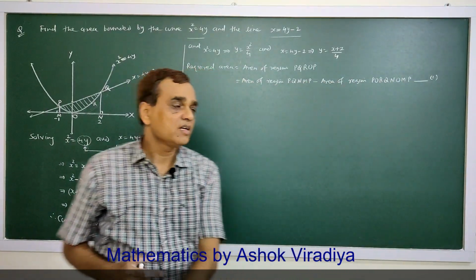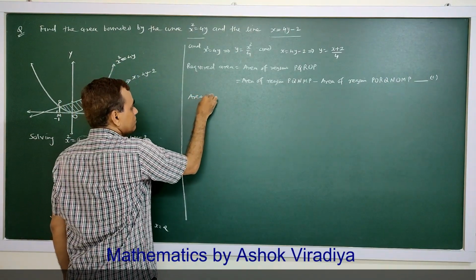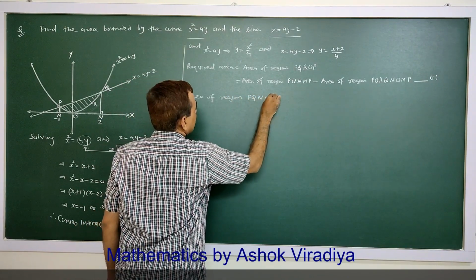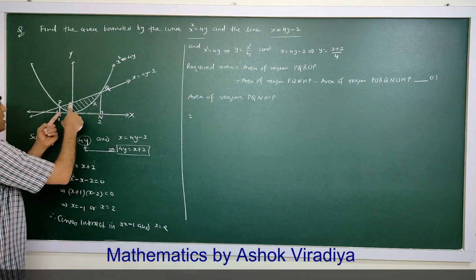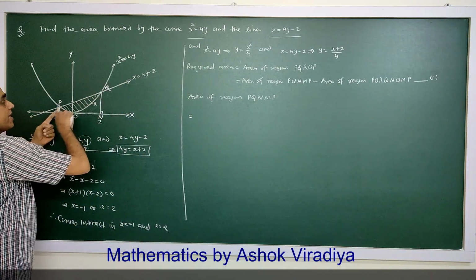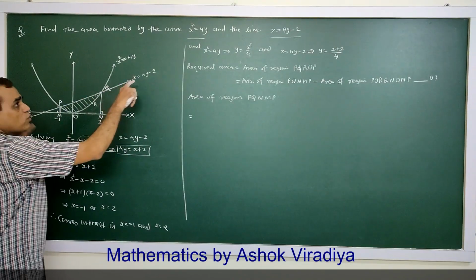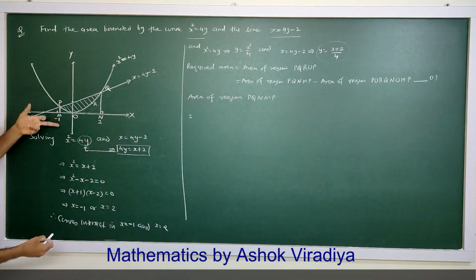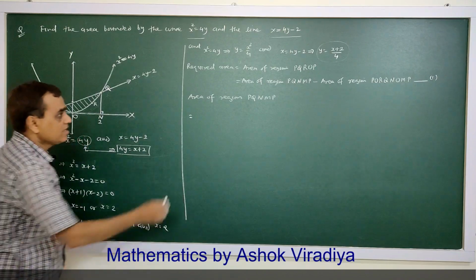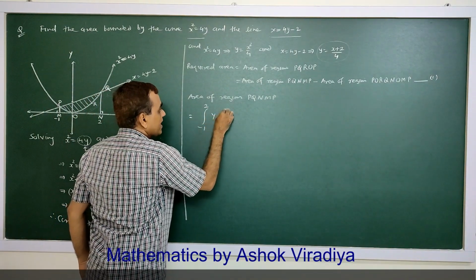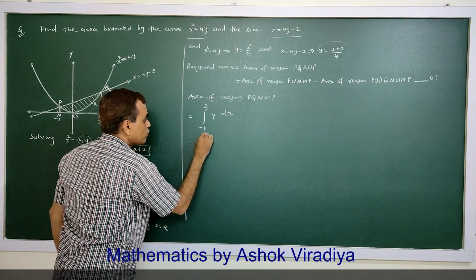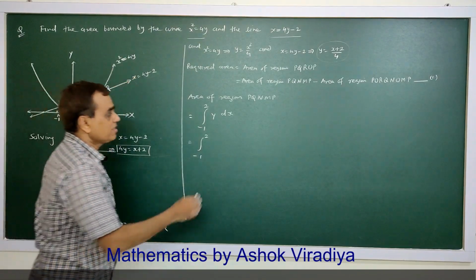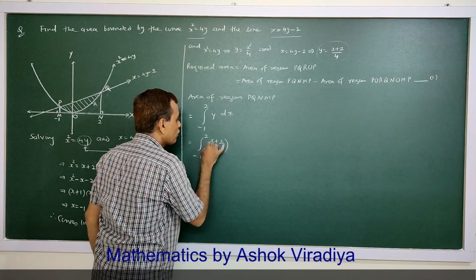First of all, area of region PQNMP is the area bounded by this line y equal to f(x), x equal to minus 1, x equal to 2 and the x-axis. So integral from minus 1 to 2 of y dx, with y from this equation, that is x plus 2 by 4 dx.